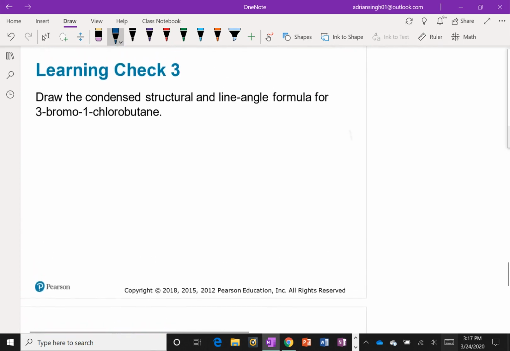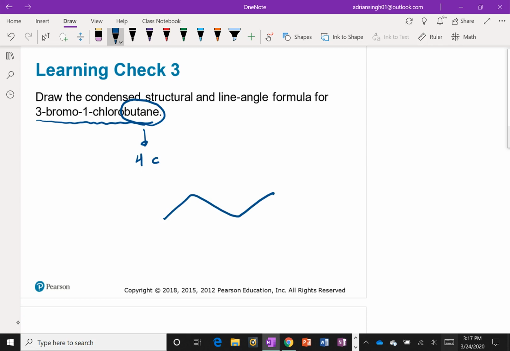Similarly, if we are given this one, 3-bromo-1-chlorobutane, start with the last name first. Butane means 4 carbons: 1, 2, 3, 4, and you can number it in whichever direction you want.